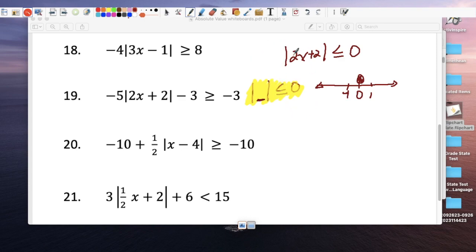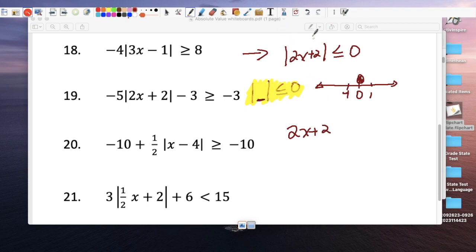So when you look at this inequality, I need to multiply 2 by something, add it to 2, and I have to make that equal to 0, because that's the only value that makes the inequality true. This is a little bit different than what we did earlier.